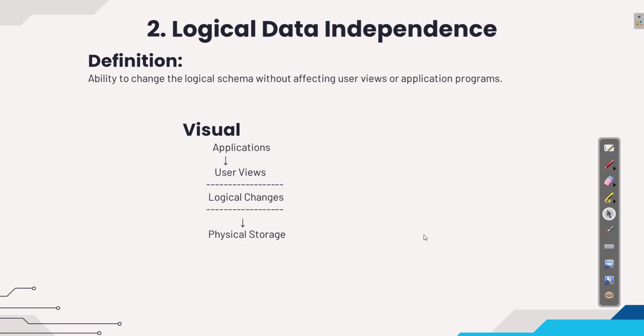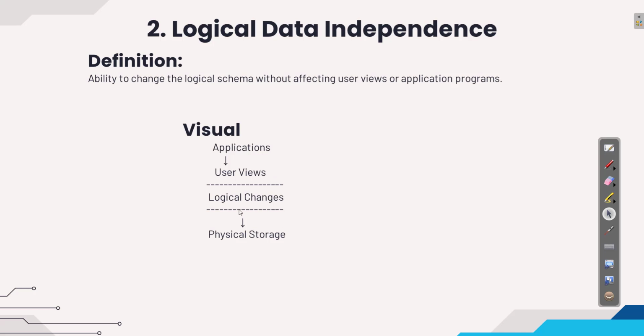Okay, the second is the logical data independence. Its definition is the ability to change the logical schema without affecting the user view or application programs. So this is the real diagram. For example, here is the application and the user view.